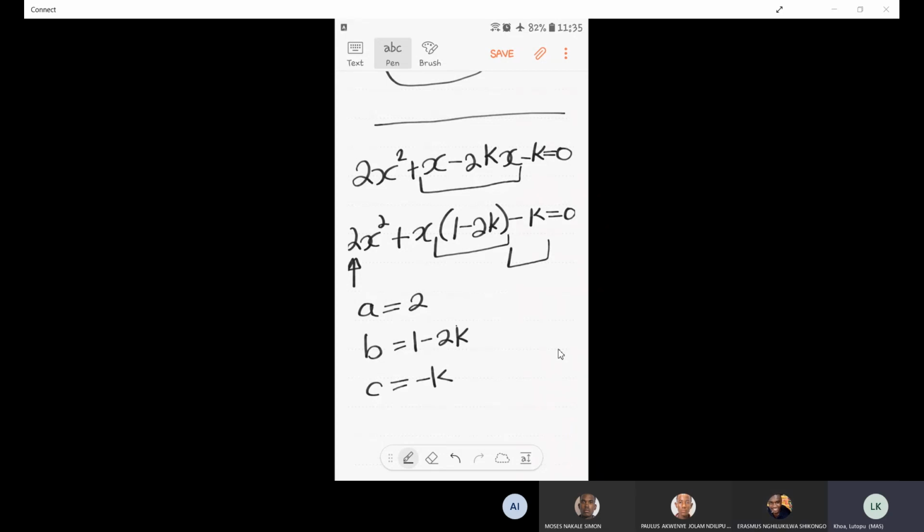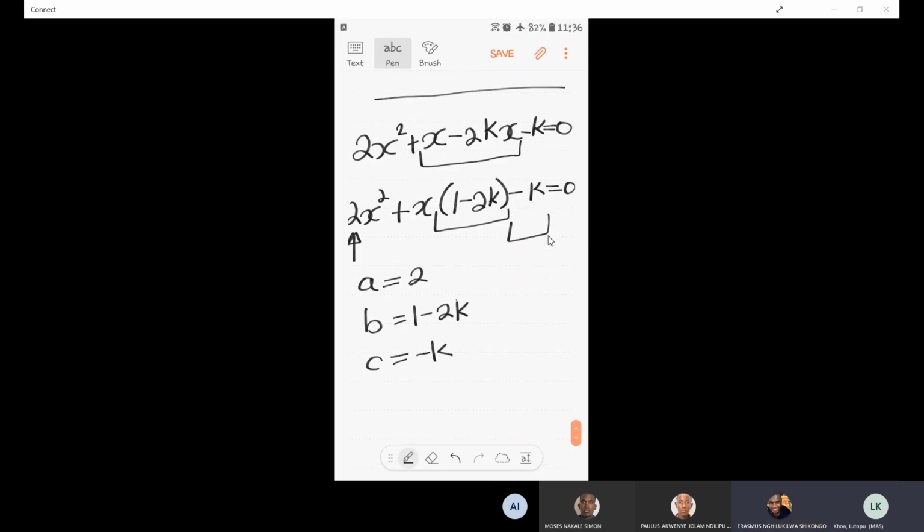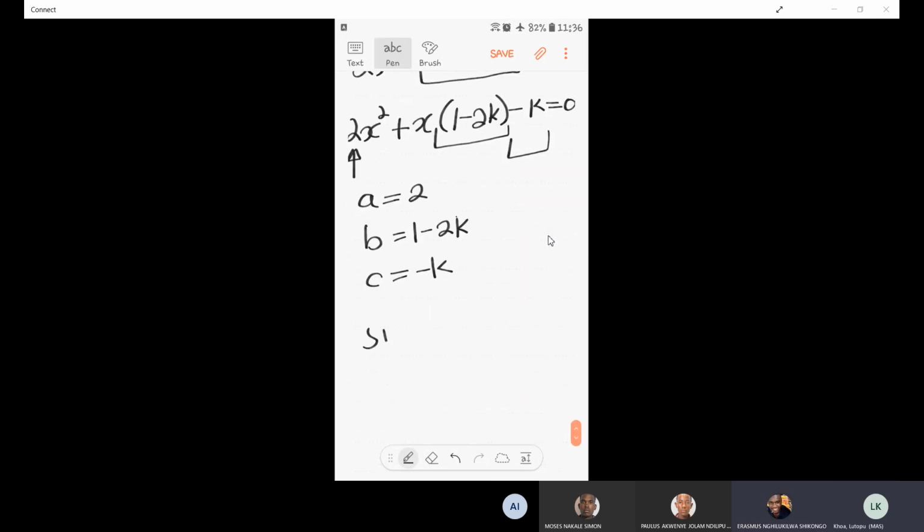Okay, now what we are told about this equation is we have to show that the roots are rational and unequal if k is an integer. So rational, that means our discriminant is a square number.